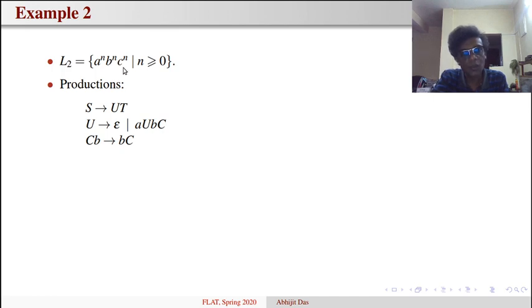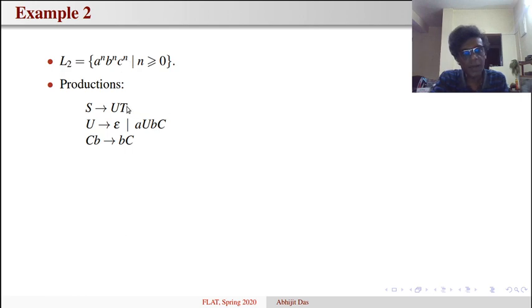So we allow b and C to swap their positions: C B can become B C. So we allow these b's and capital C's to be generated out of order, not exactly like this, but in the same number. If n a's are generated, n small b's and n capital C's are generated. Only the b's and capital C's are not in order, so we allow them to line up like this.